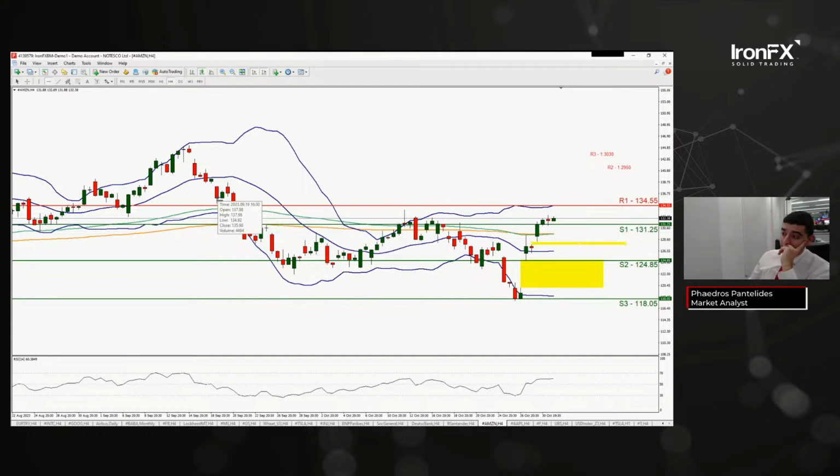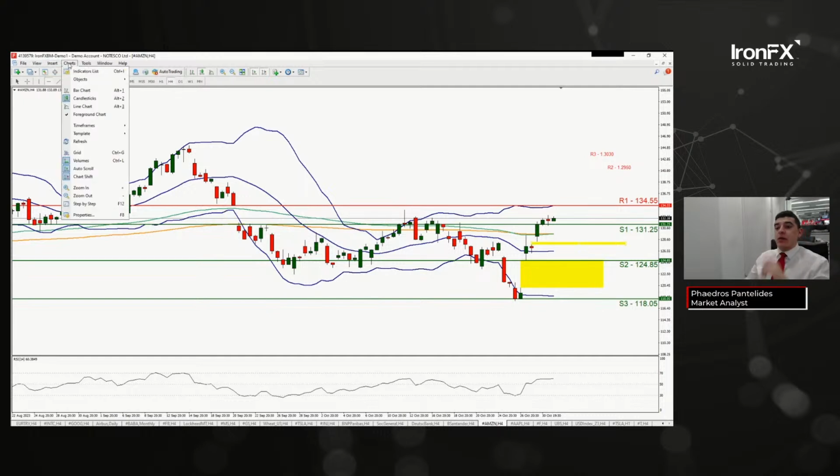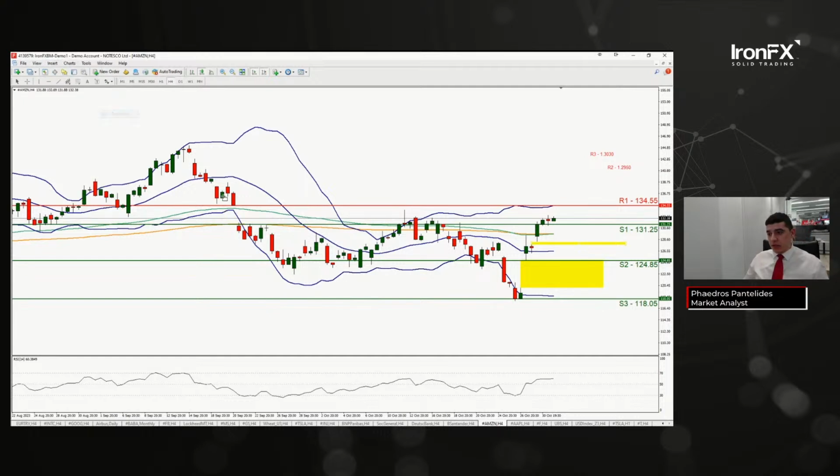Now, I'm taking this as R1. It does coincide with the upper range of the Bollinger Bands, but that right now wasn't on purpose. I'm taking the closing of this bearish candle because at this point, a gap was formed. Just like here, there was a gap. And let's just actually put that in so that you can visualize this yourselves.